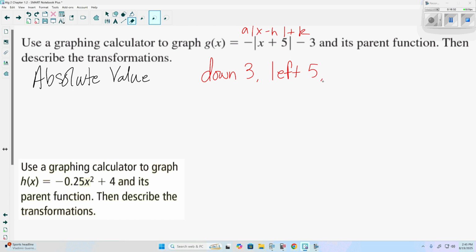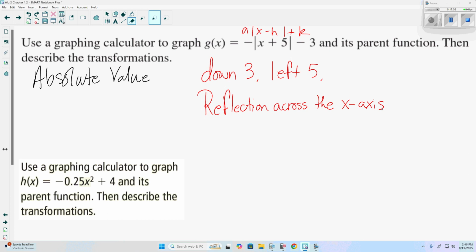Do we have a value for a? Yes, we have a negative sign there. Since it's negative, it tells us that there is a reflection across the x-axis.